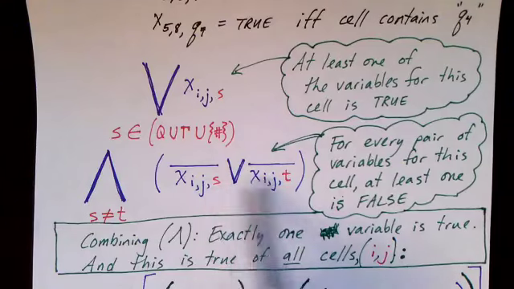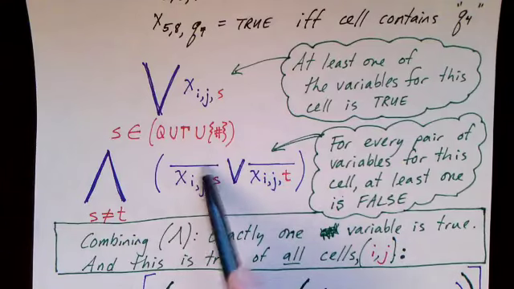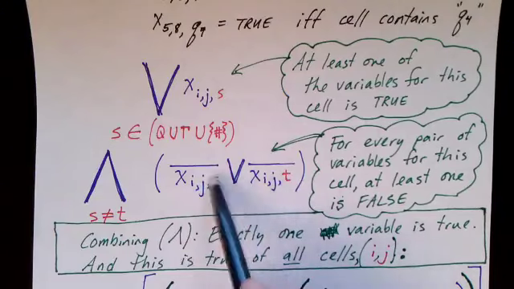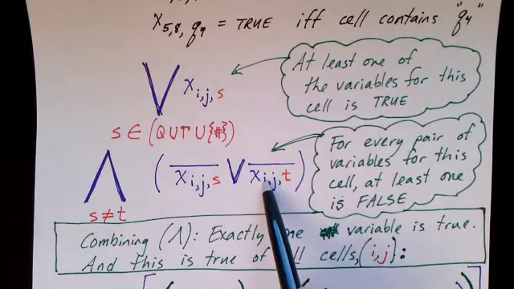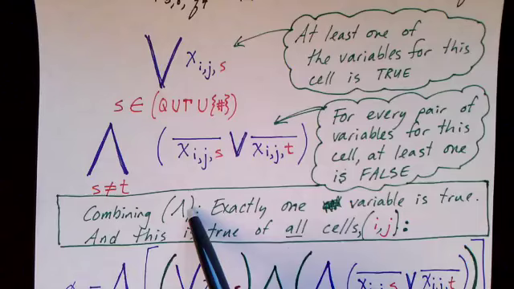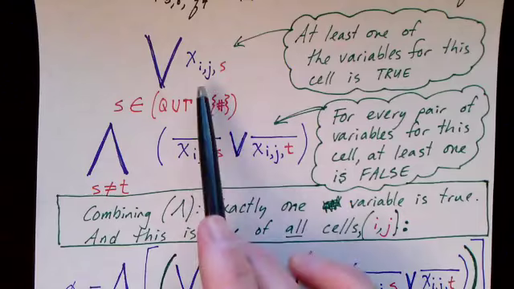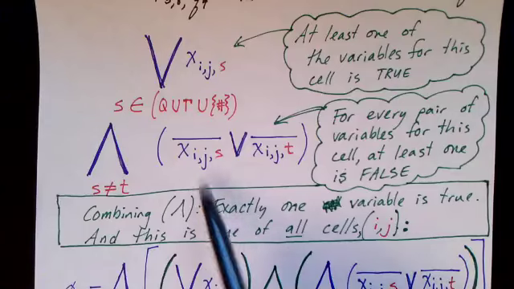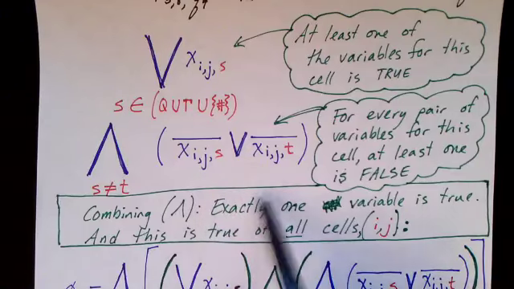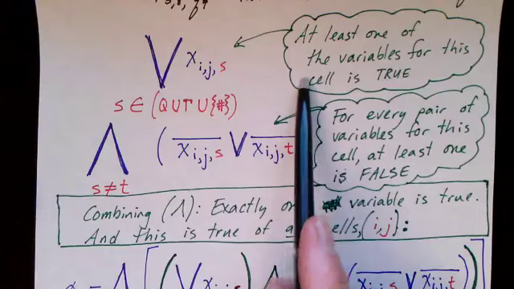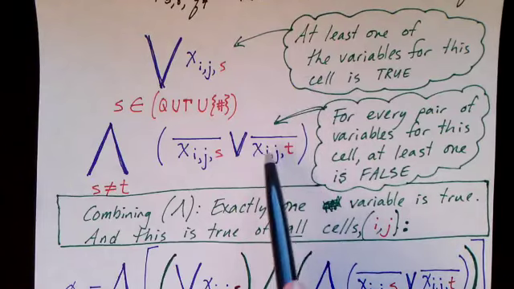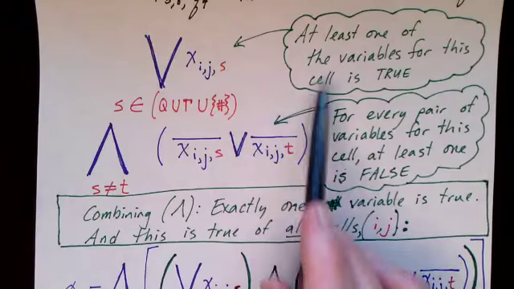It's possible they're both false, but this is a not X or not X, so at least one of them has to be false. Combining these two pieces with an and sign, exactly one variable has to be true for the cell, and that's what we want to express by these two pieces.